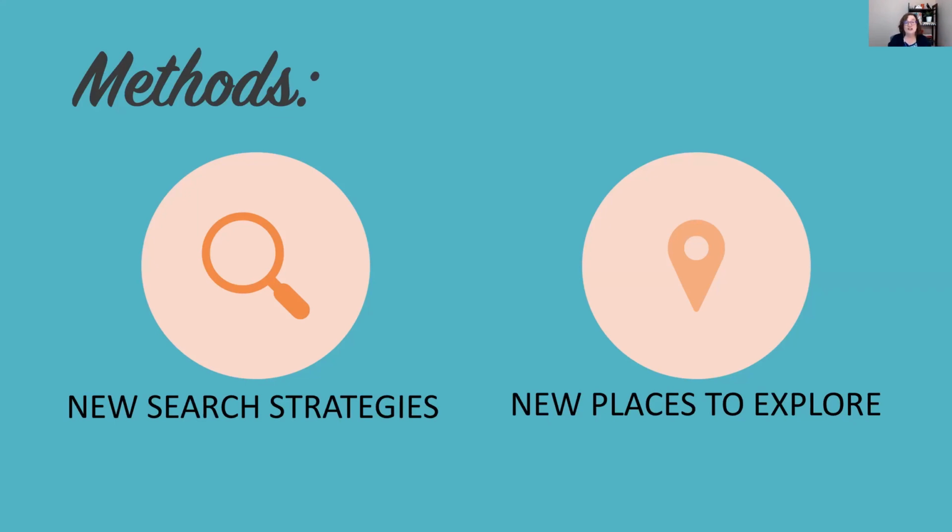I know on Ancestry, FamilySearch, MyHeritage, a lot of websites will give you more search options when you're looking in a specific collection rather than doing that very broad federated search across the entire website. So think about how often have you changed up that search strategy.